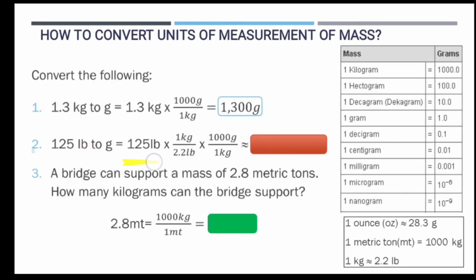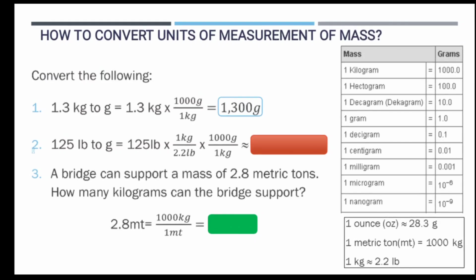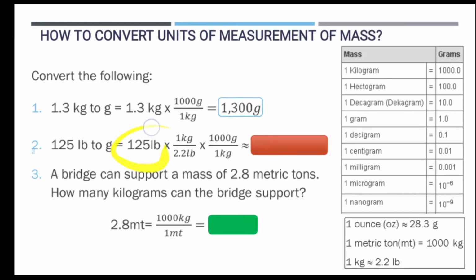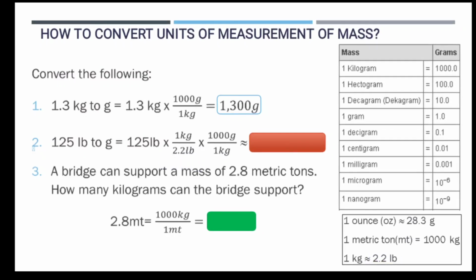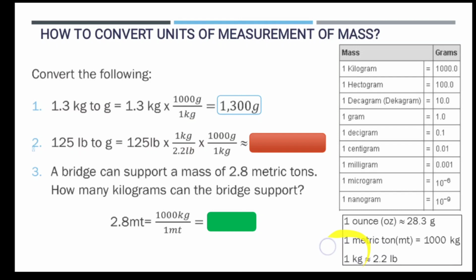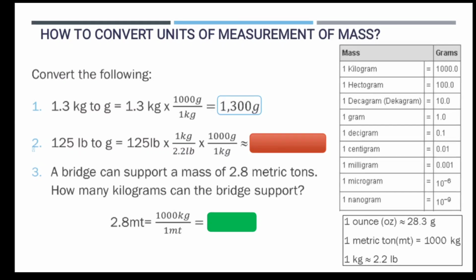So 125 pounds, that is our given, times, let's take a look at the given conversion factor. Since our given is pounds, here we have 2.2 pounds. That should be our denominator. So 2.2 pounds, and our numerator is its equivalent in kilogram, that is 1 kilogram. So 1 kilogram over 2.2 pounds, then times, that is always multiplication after fraction.